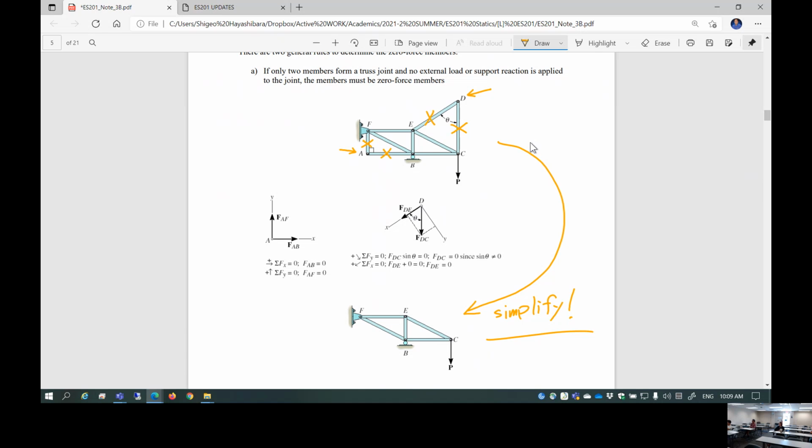Or, before you even start doing it, you can simplify it either way, okay? Here too. Obviously, joint A, you have FAF and FAB, summation of all the forces is 0 in y direction. That means, hey, this must be 0. This also must be 0. Those two are 0 force members. You don't need that. Okay? Next page.